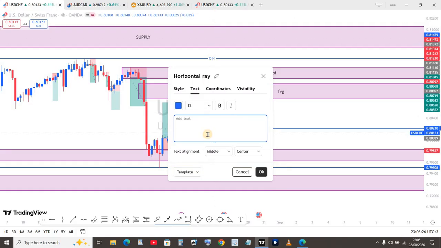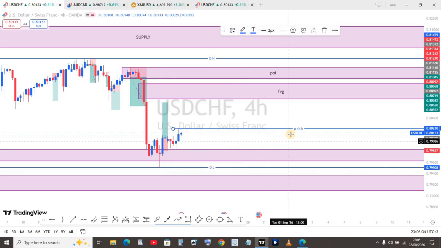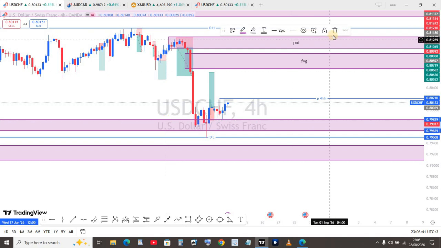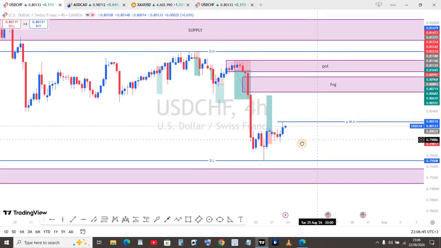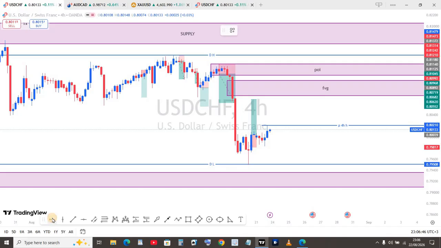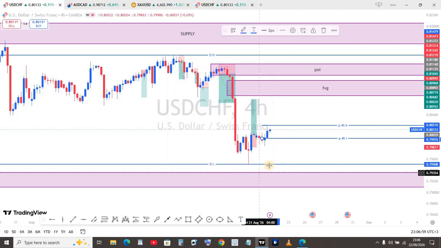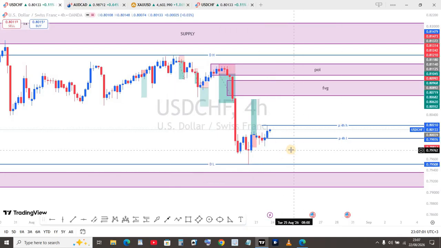So this is our previous 4 hour high, and we also have a previous 4 hour low. So let me erase this mitigated FVG first to make the chart clear and clean. So I mark this also for previous 4 hour low. This is the previous 4 hour low.